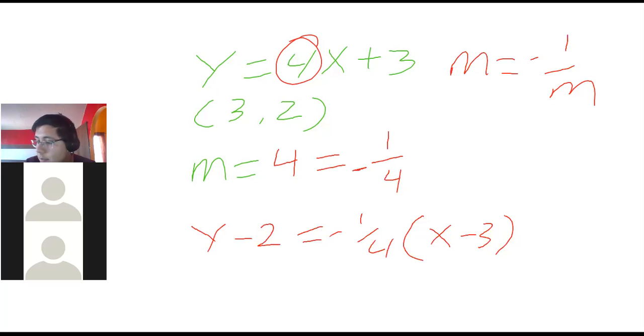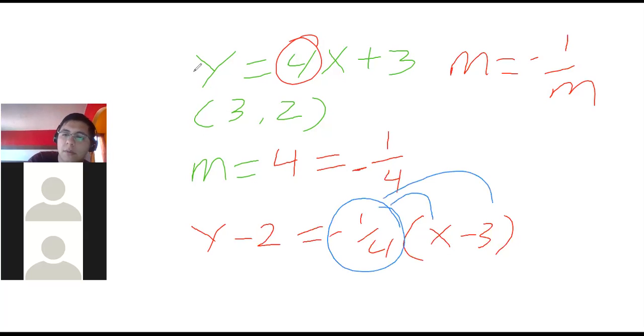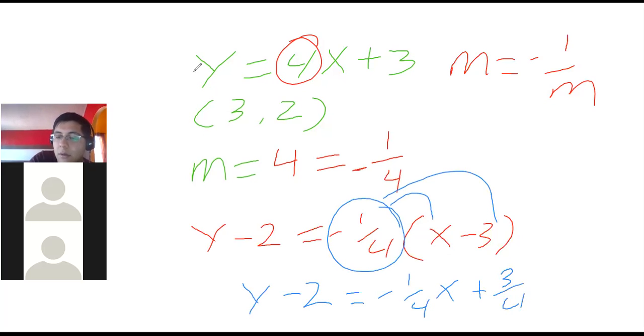All right, so we want to simplify this. It's basically always the same steps: we first want to distribute. That gives us y minus 2 is equal to -1/4x, and -1/4 times -3 would give us positive 3/4.